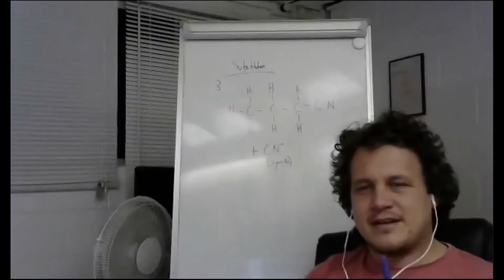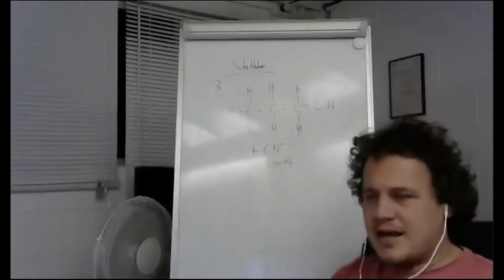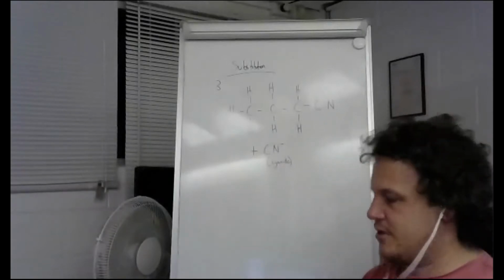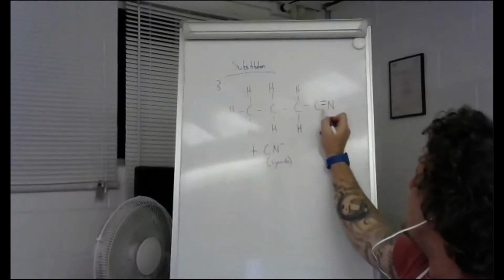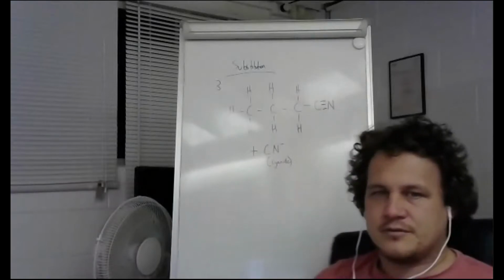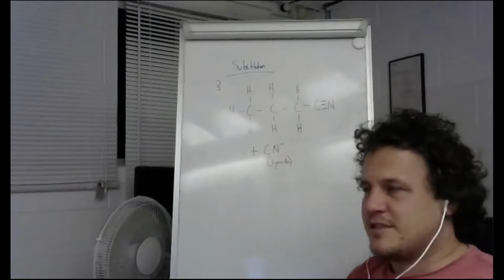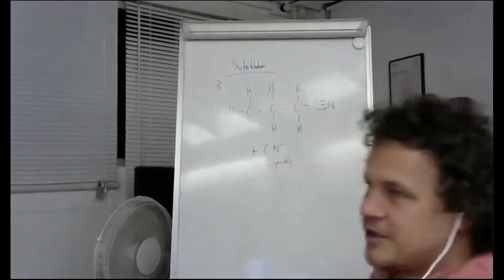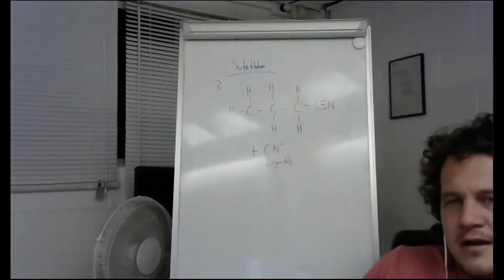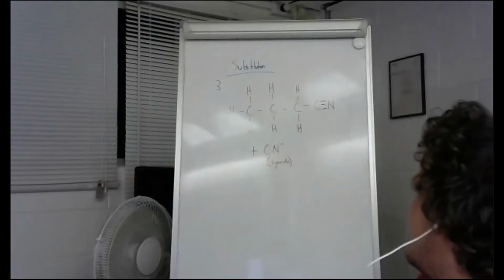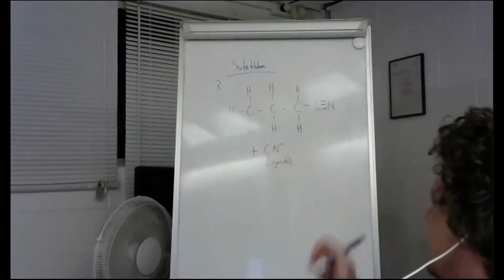Now, if you ever see carbon bound to nitrogen and you don't put a triple bond, just picture me giving you a disapproving look. So carbon to nitrogen must be a triple bond. And we call that a nitrile.